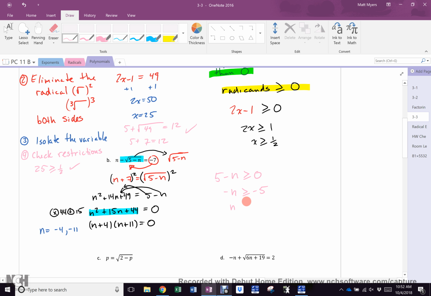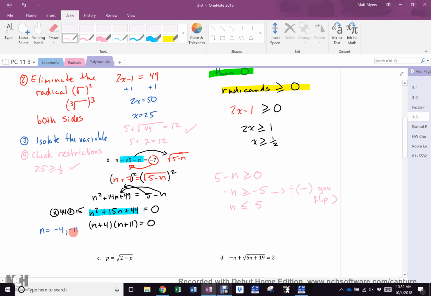N must be less than or equal to positive 5, because when you divide by a negative, you flip the sign. So n has to be less than or equal to 5.